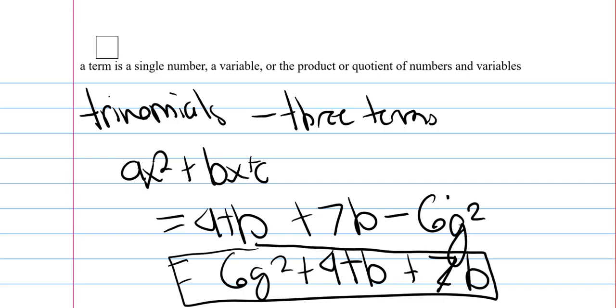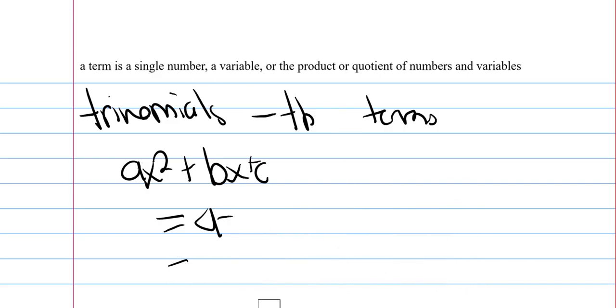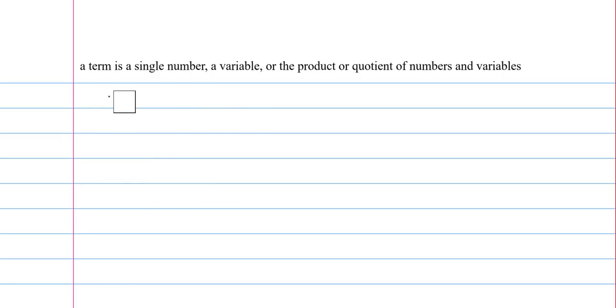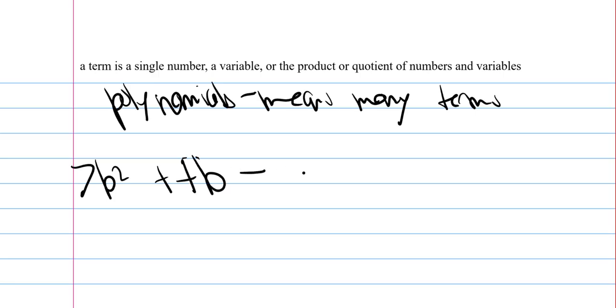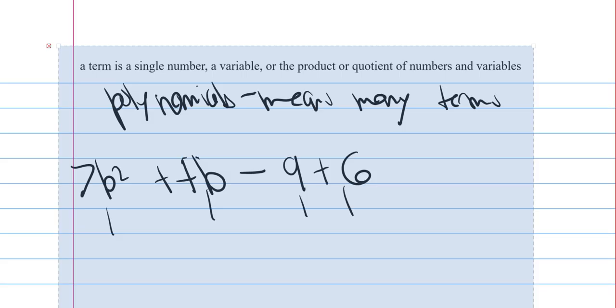And let's talk about polynomials, the last type. Poly means a lot, so polynomials have many terms. For example, 7b squared plus tb minus 9 plus 6 can be a polynomial because it has four terms.